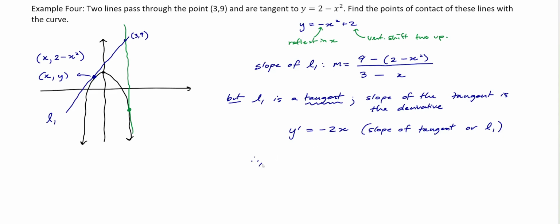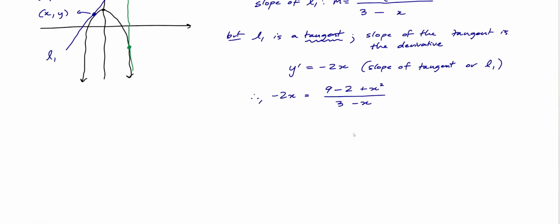So therefore, negative 2x is equal to 9 minus, I'll distribute the negative, minus 2 plus x squared all over 3 minus x. All right? So what I'm going to do here is rearrange and solve for x.